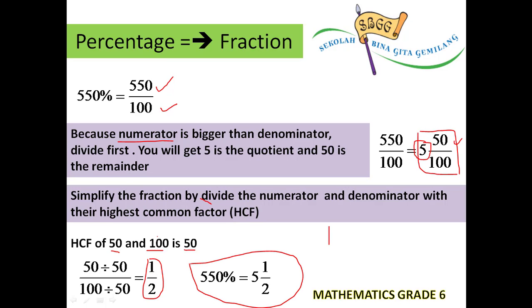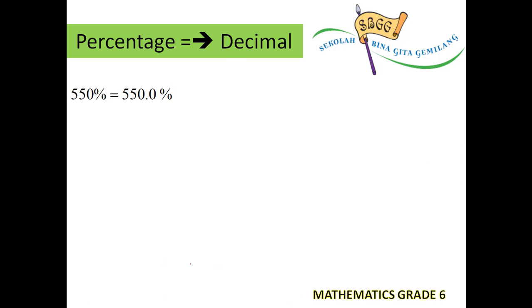Okay, I hope you can understand this. Now, how to convert 550% into a decimal? Same way. Because there is no point here, you must create a point, a dot. But remember, to keep the value the same, please put 0 after the dot.